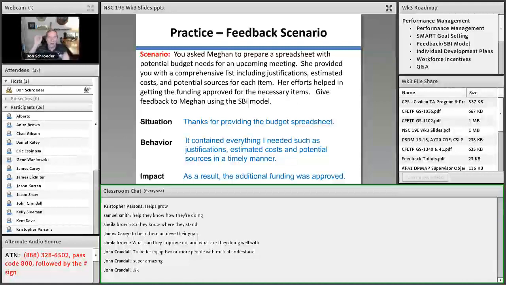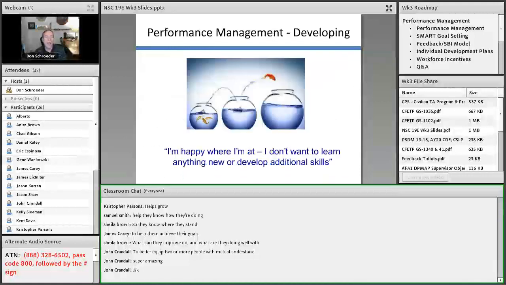I can just hit that send button and we're good to go. So we may even get more than what we actually wanted, thanks to the efforts of Megan, when all you asked for was a spreadsheet of budget needs to get ready for this meeting. She went above and beyond, basically, and it's nice that you could let her know that. All right, so when it comes to developing, right?